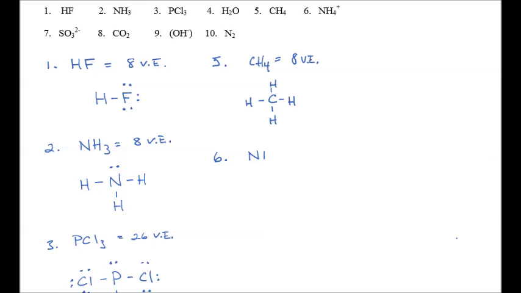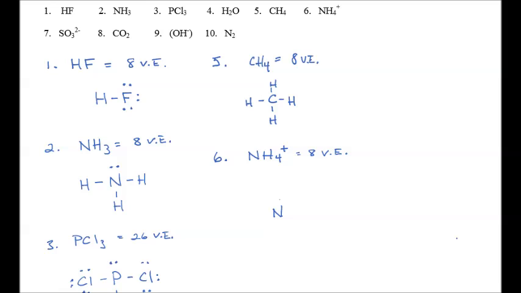Number 6, NH4+. Now we have a positive ion. We lost an electron because of the positive sign, so we have to account for that when we count valence electrons. Nitrogen has 5, each H has 1 for a total of 9, but we lose 1 because of the plus sign, so we have 8 valence electrons.